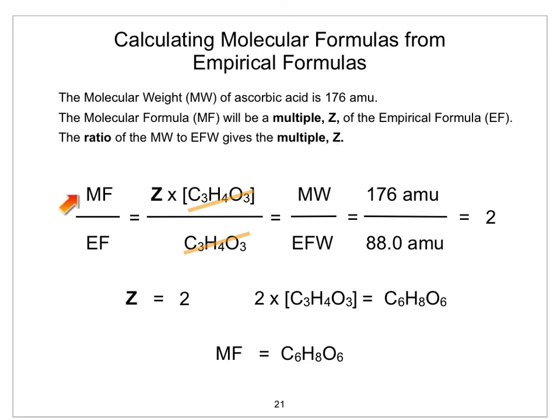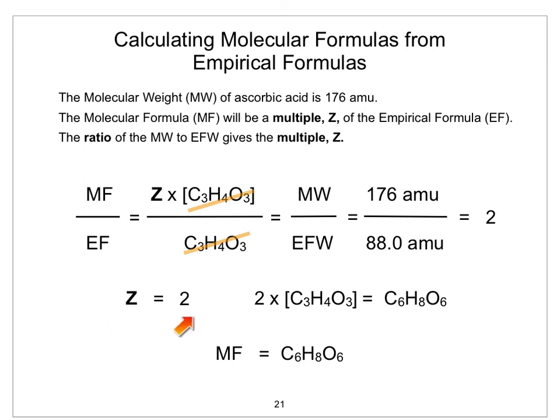So the ratio of molecular formula to empirical formula is given by the multiple Z times the empirical formula divided by the empirical formula, and that is the molecular weight divided by the empirical formula weight, which is equal to the factor 2.